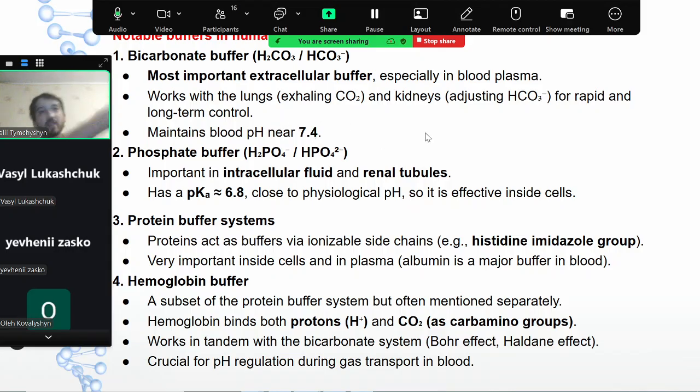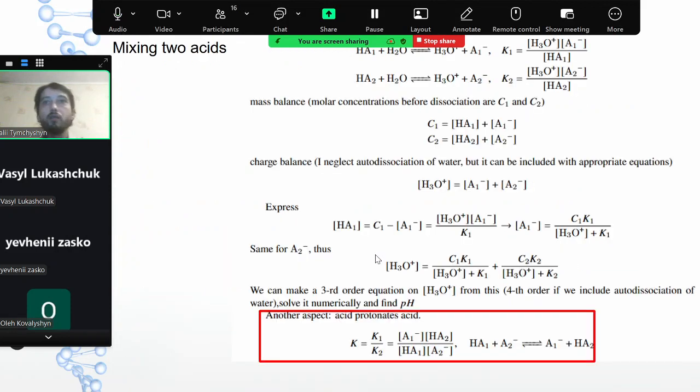After we get out of these formulae, we will get to something pretty biological and, I guess, pretty interesting. Then the phosphate buffer in the intracellular fluid, some protein systems that buffer via ionizable side chains, often the histidine imidazole group, and the hemoglobin buffer. So that's what we have.